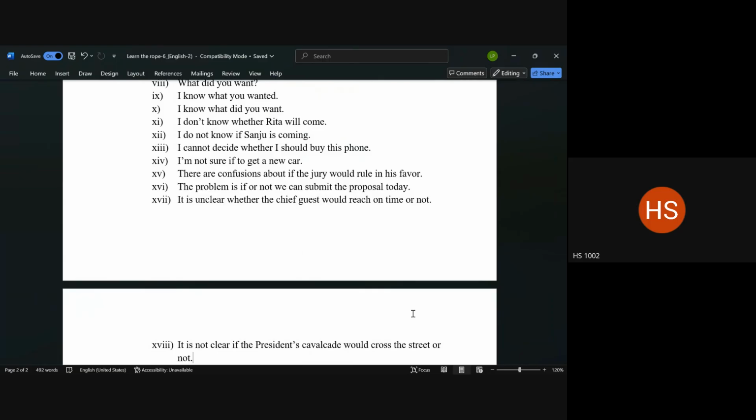The second way is to change the position: I can retain "if", but I will have to change the position of "or not". So the problem is if we can submit the proposal today or not. So two right options are available: either change "if" to "whether", or change the position of "or not" to the end of the sentence.